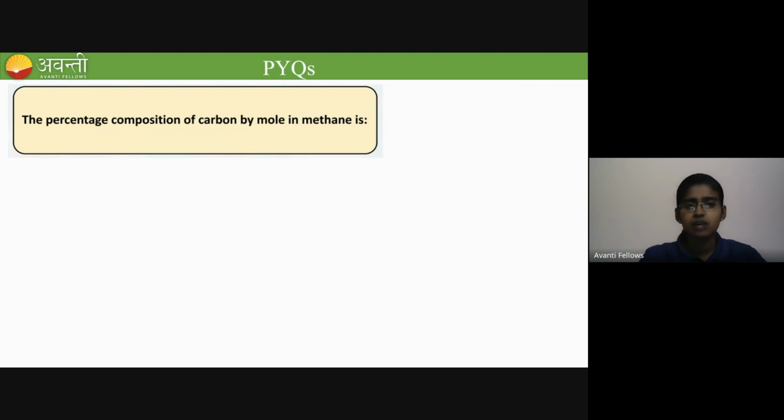The percentage composition of carbon by mole in methane is. So methane is CH4 and we have to find out the percentage by mole of carbon. So percentage by mole of carbon will be equal to, in methane we have 5 atoms, so 1 carbon and 4 hydrogen, right?